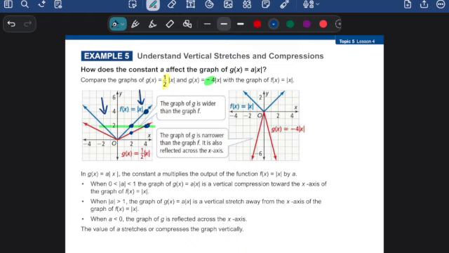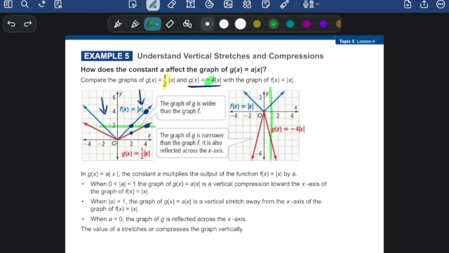For g of x, the second one, we have a negative 4 as our scale factor. So the negative tells us we flip it. It's the opposite slopes. So now it's downward facing. And the scale factor, then, we're multiplying the output by 4. So let's take a look. Where the output is here, we'll compare there. Do a better one.